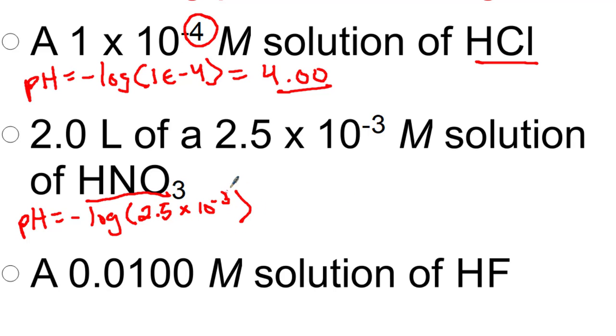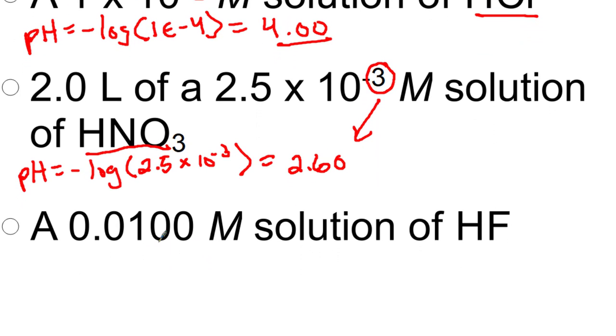We can do my pH calculation. Put it in your calculator. Try this one. Negative log of 2.5 times 10 to negative 3, or 2.5e negative 3, and we end up getting a pH of 2.60, which tells us we have an acid. Also, take a look. See that negative 3 right there? We know that it's going to be very close to that number right there, so that is our pH.